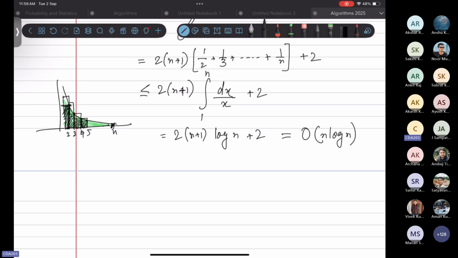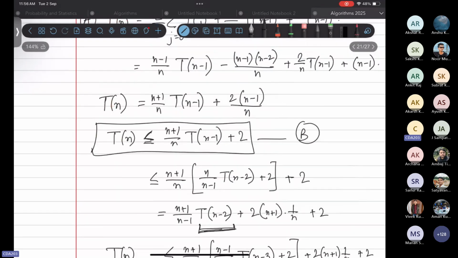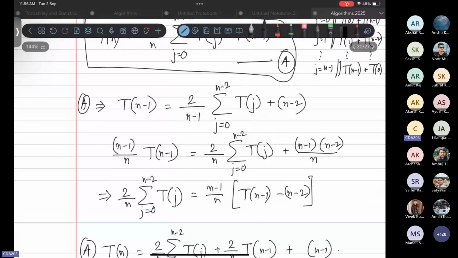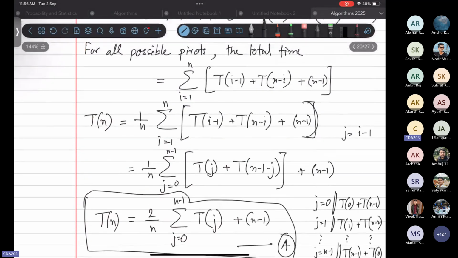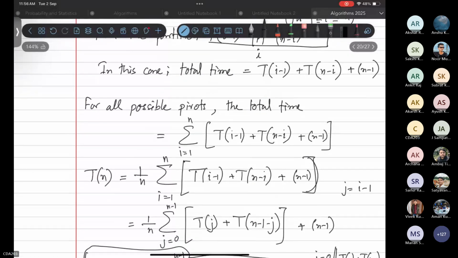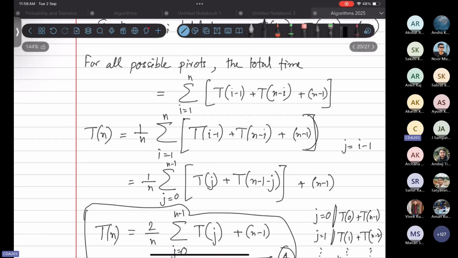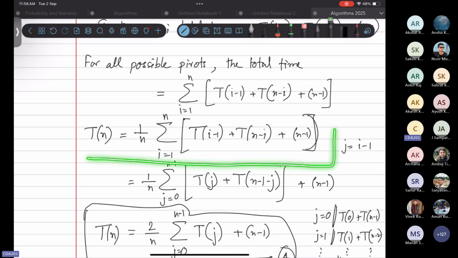Okay. So it's a calculation. We are doing some kind of calculation there, and these calculations are important, but for me, the most important thing is how you are coming up with this equation. And then what we are doing, we are actually solving this recurrence.